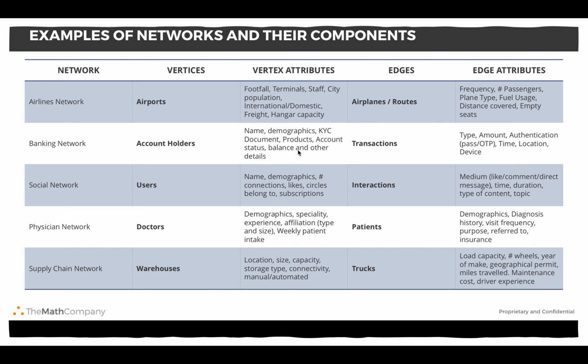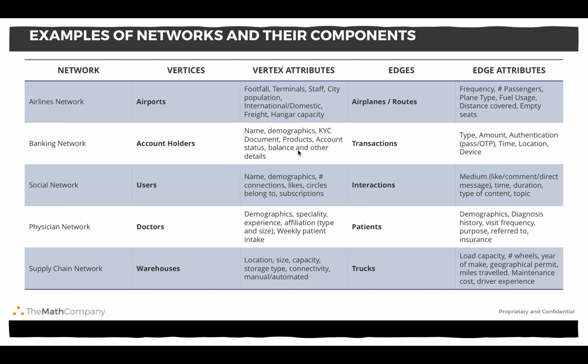I mean, these are not always equal. Basically, when you're drawing a graph, how long you draw the line of the edge is not meaningful unless you capture it by associating a number indicating that this edge is longer than the other one. So these could all be the edge attributes when we're talking about an airline network.